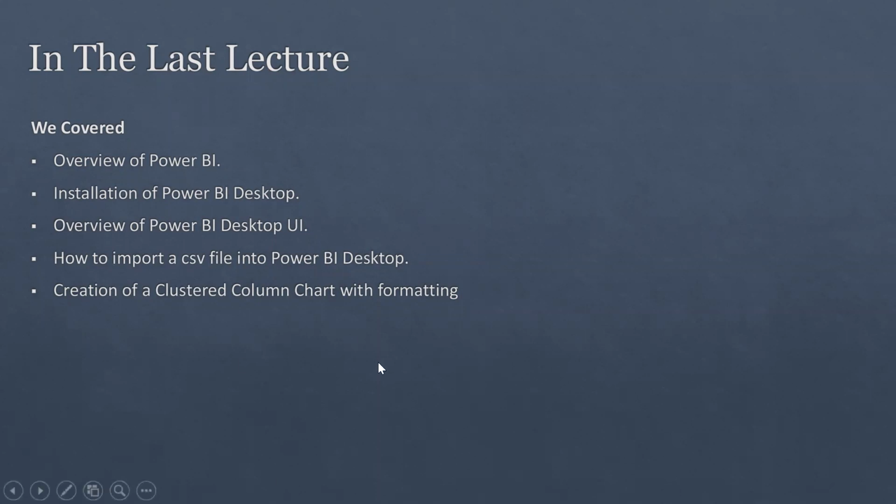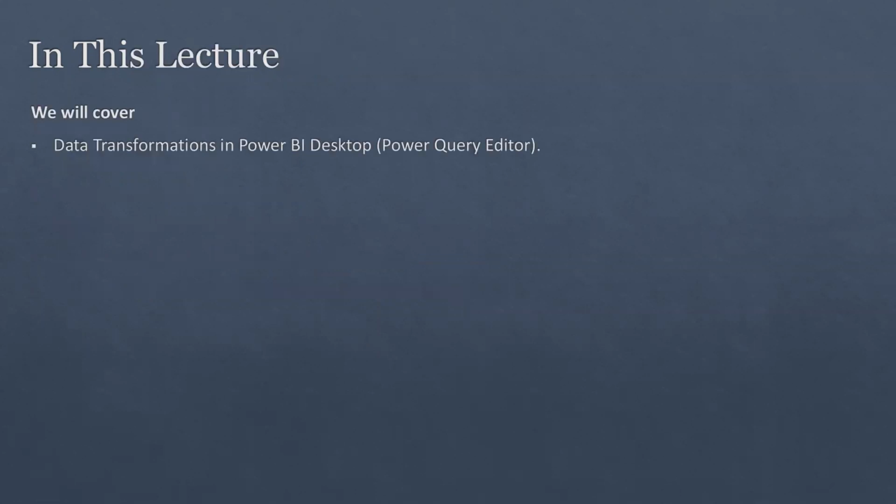For today, we are going to work on data transformations in Power BI Desktop. So basically, we will be working on the Power Query Editor, which is a tool embedded inside Power BI Desktop. If you remember from the last lecture, I talked about the different steps that we have to cover within Power BI.